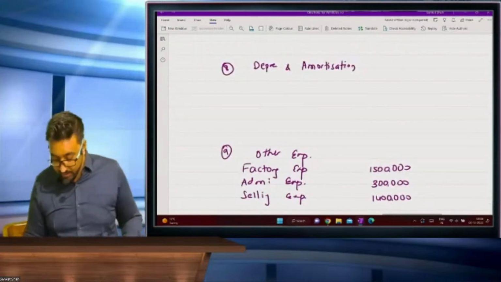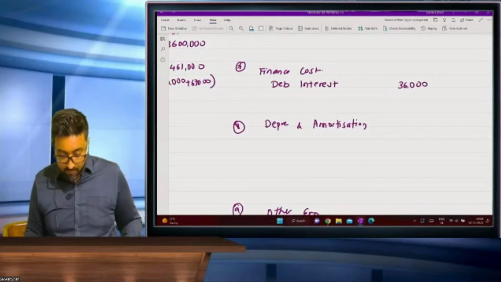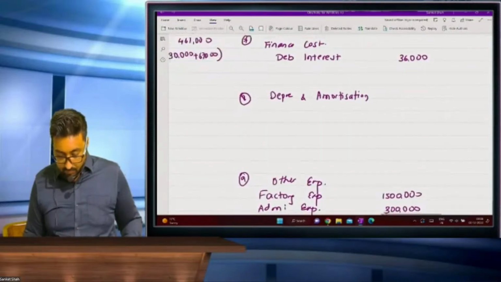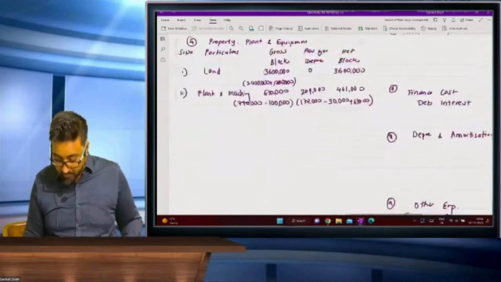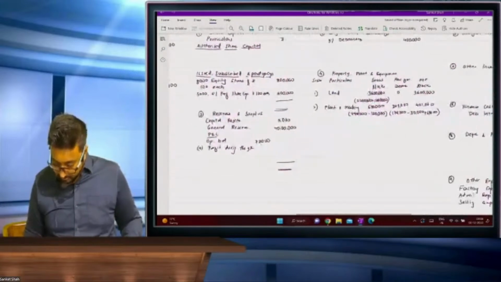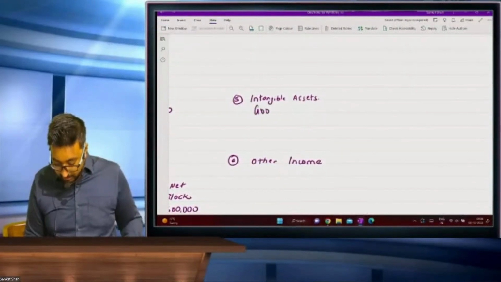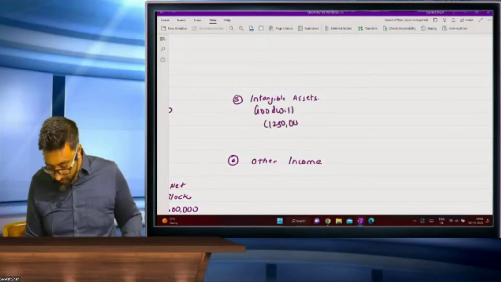Debenture interest 36,000. And goodwill under intangible assets, inner side, 12,50,000.